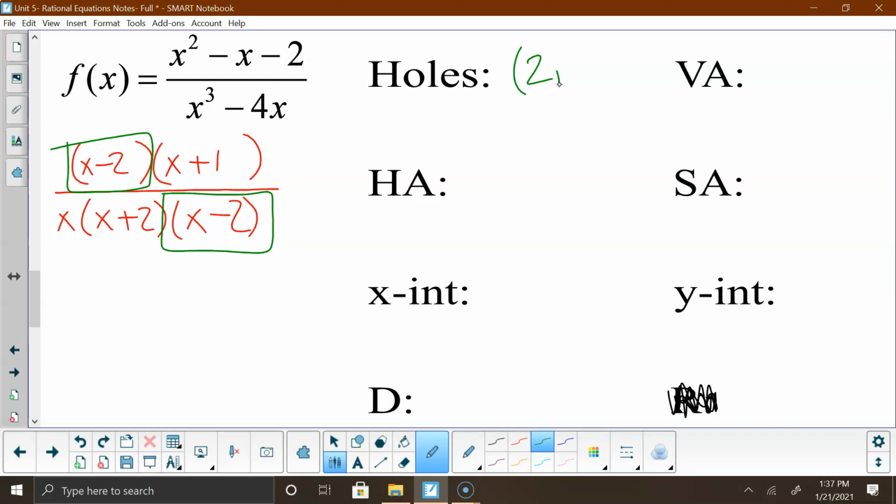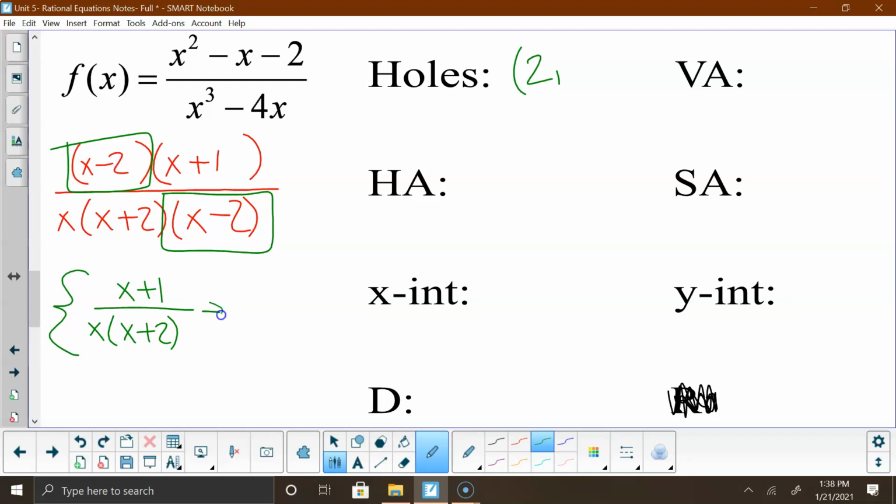What I explained to a kiddo first period is, you know this is a hole. Let's play with the fact that we get rid of it. So I've got x plus 1 over x times x plus 2. Could you plug in a positive 2 on this bit right here? Because I got rid of the illegal things, yes?